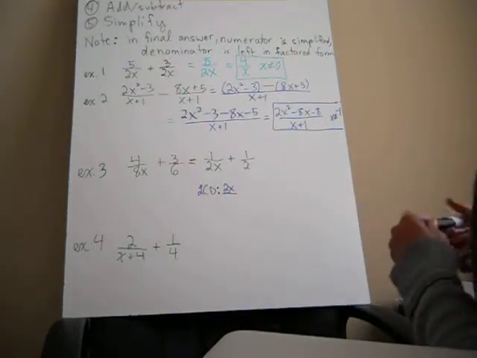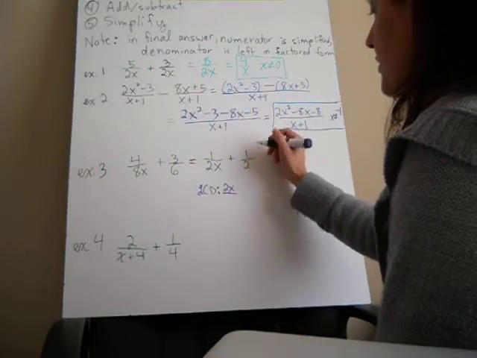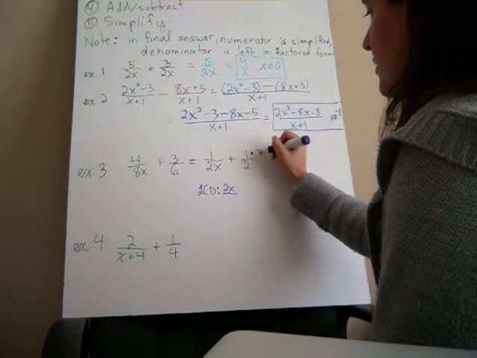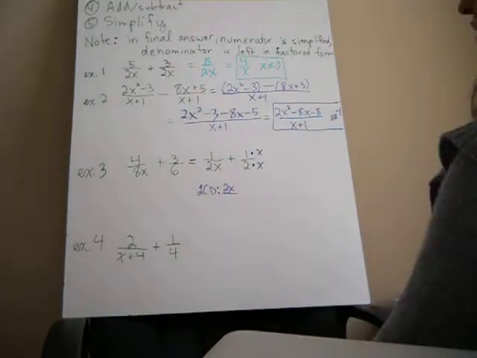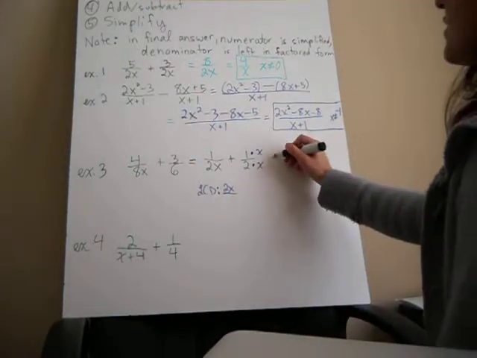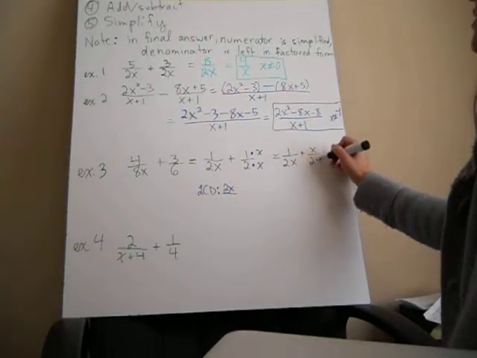So what that means is we need to multiply this one, top and bottom, by x. So that gives us 1 over 2x plus x over 2x.